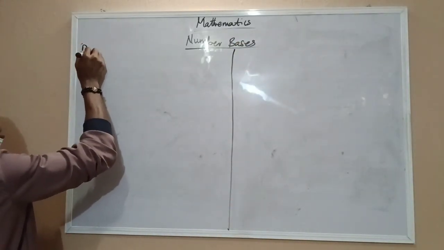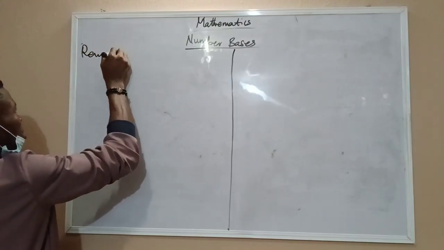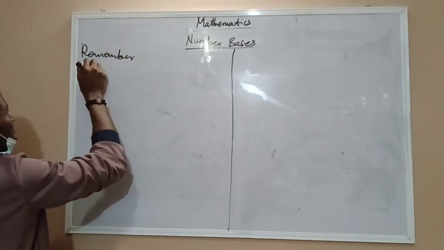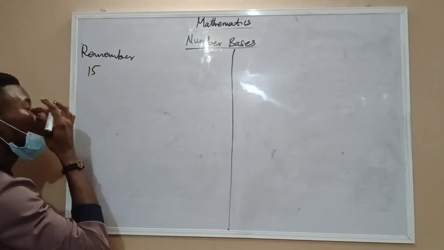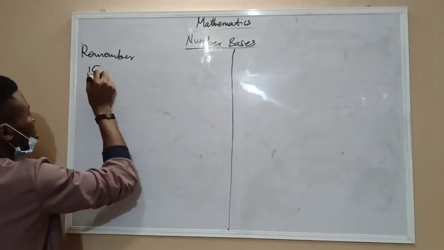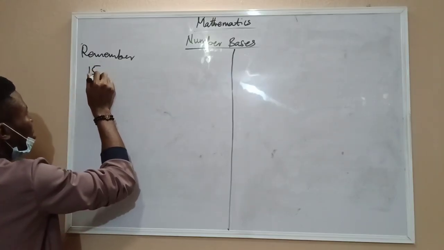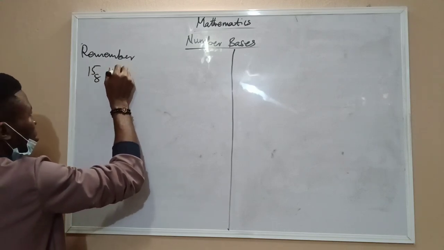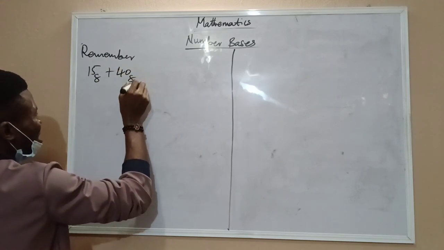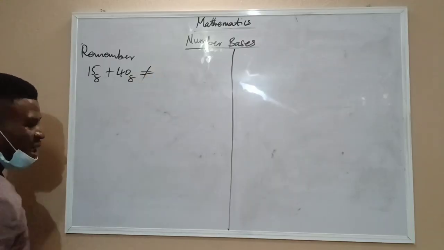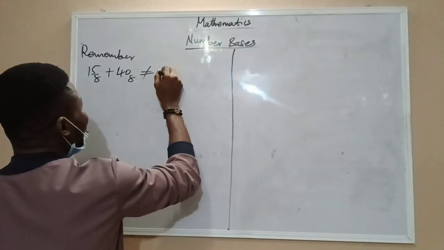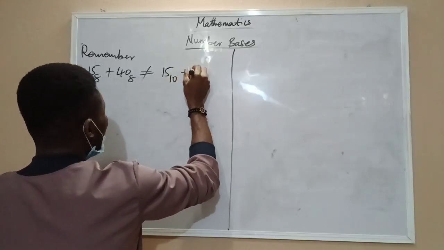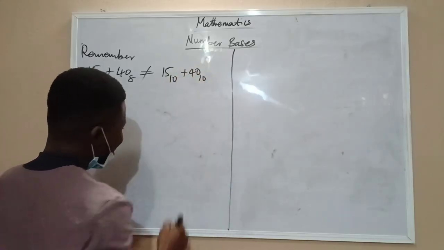You remember that 15 base 8 plus 40 base 8 is not the same thing as 15 base 10 plus 40 base 10.